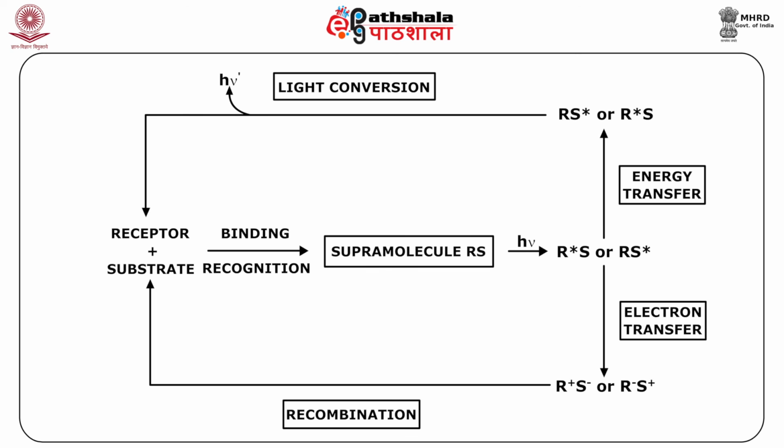First is the binding of substrate and receptor. Second is the mediating of a photochemical process such as energy, electron or photon transfer. Third, it is followed by either restoration of the initial state for a new cycle or by a chemical reaction.